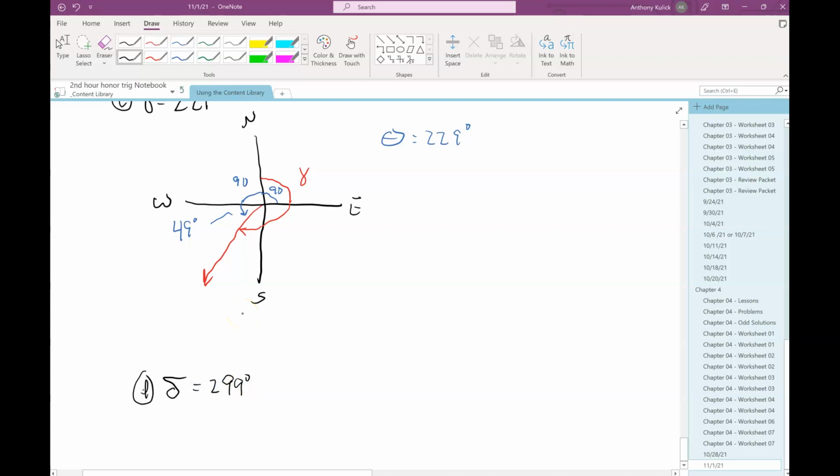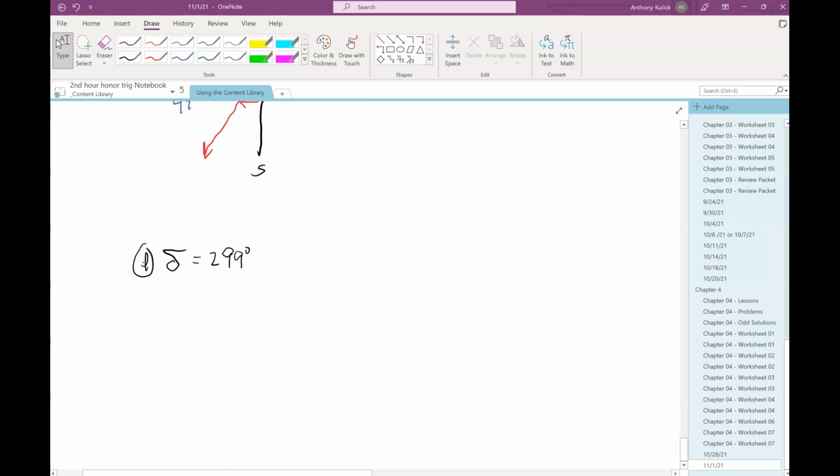Let's do one more example. Let's say delta is the bearing 299. Again, we're starting at due north and we're going 299 degrees. So 90, 180, 270, and then like 29 more puts us there.